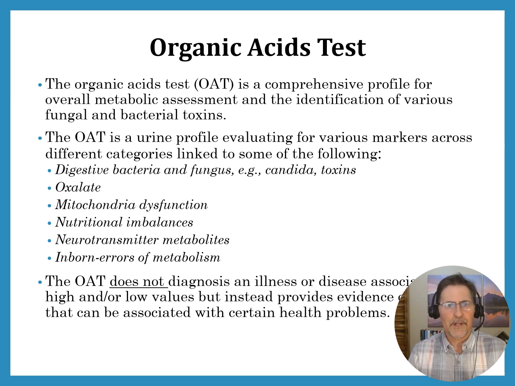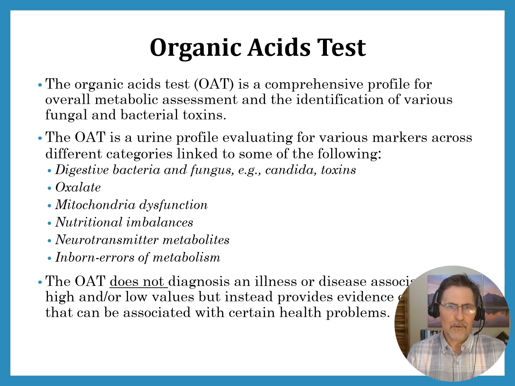So as I mentioned, fungus, that could be candida, bacteria, oxalate, mitochondrial problems, nutrient imbalances, neurotransmitter metabolites indicating imbalances, and then what are called inborn errors of metabolism, which are rare genetic conditions that typically happen in children.